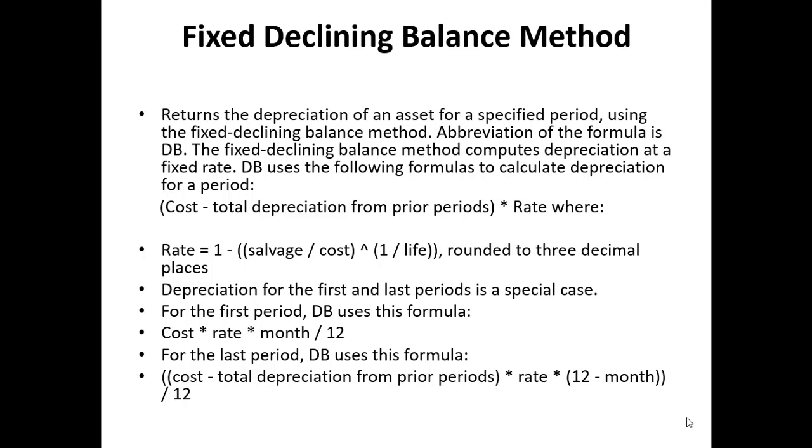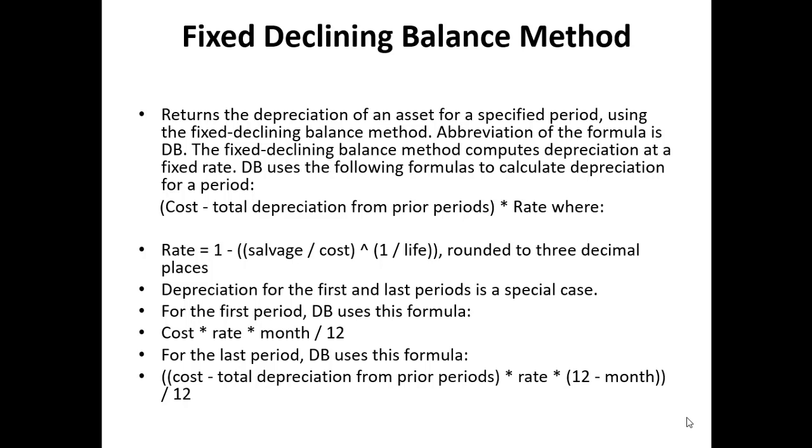However, throughout the useful life, at the initial stage of the asset's life, you would see a higher depreciation, whereas towards the end of the useful life, you would witness a comparatively lower depreciation. So we may witness that in a while.